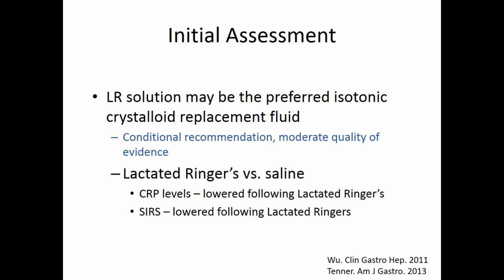We think that lactated Ringer is probably the preferred isotonic crystalloid solution, based on a small randomized trial where lactated Ringer was administered versus saline. This led to decreased CRP and SIRS, but unfortunately it did not lead to improved mortality. Still, based on this, it seems that lactated Ringer is a better crystalloid replacement fluid.